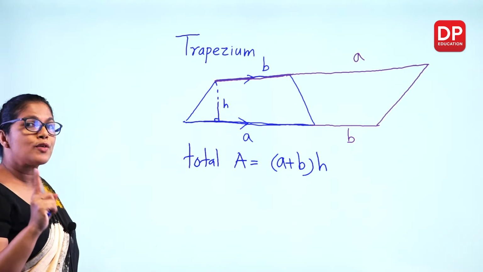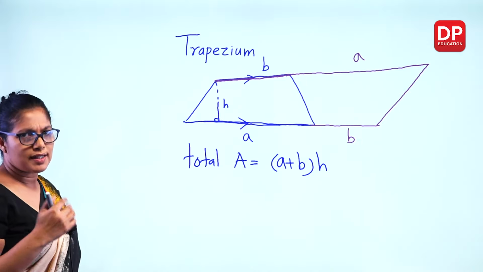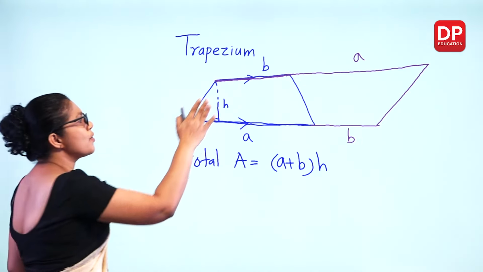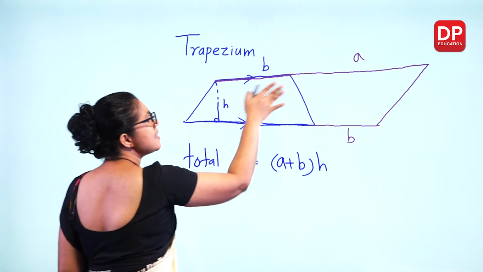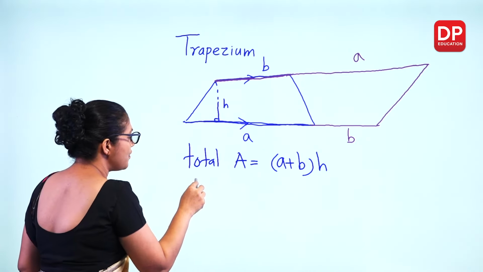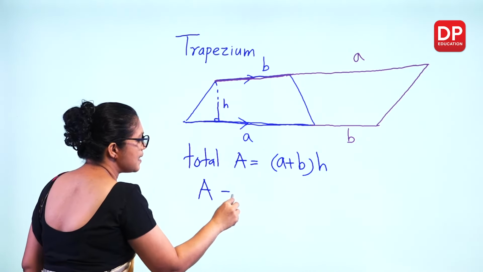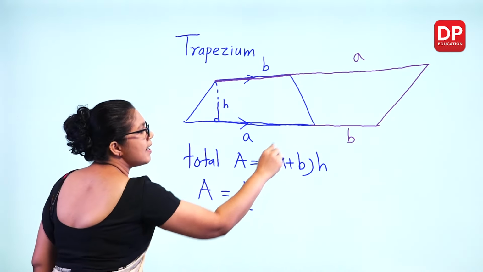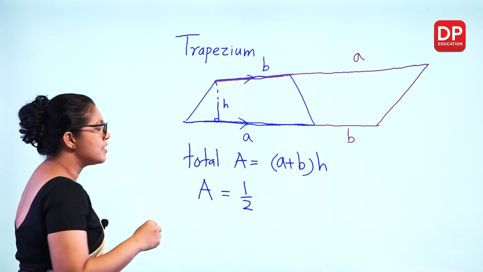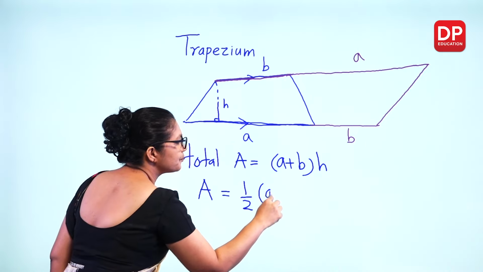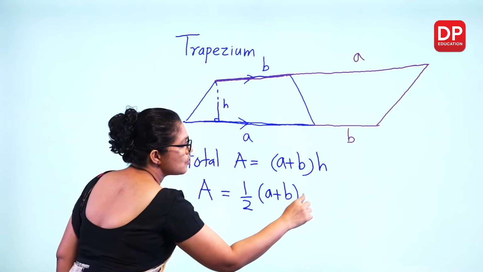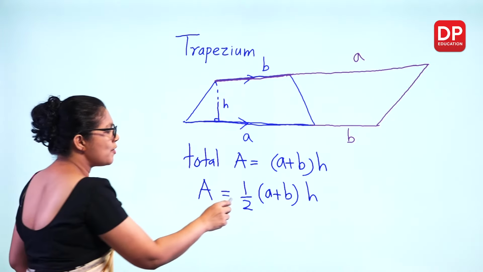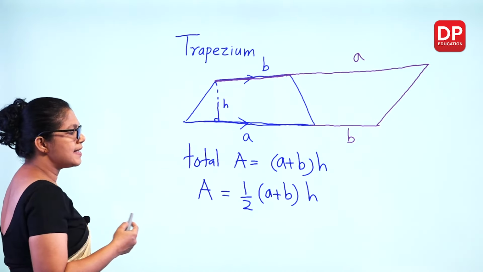So if I want one area, what can I do? I can divide this by 2 because you get two equal trapeziums here. So if I want the area of a trapezium, I can take the area of the parallelogram and divide by 2. So what's the formula I am getting now? I am getting a formula for the area of a trapezium.